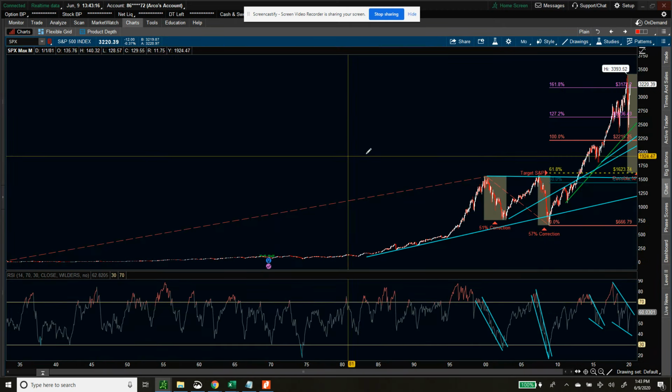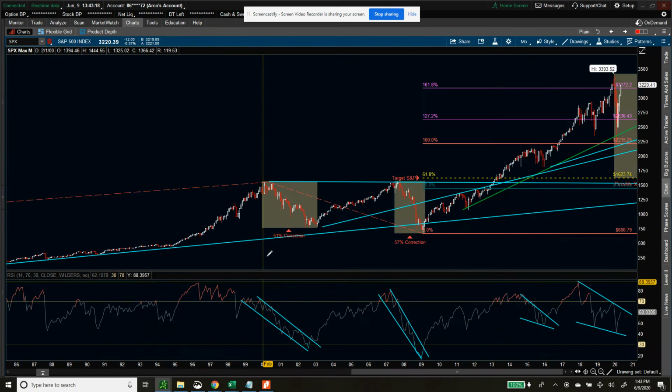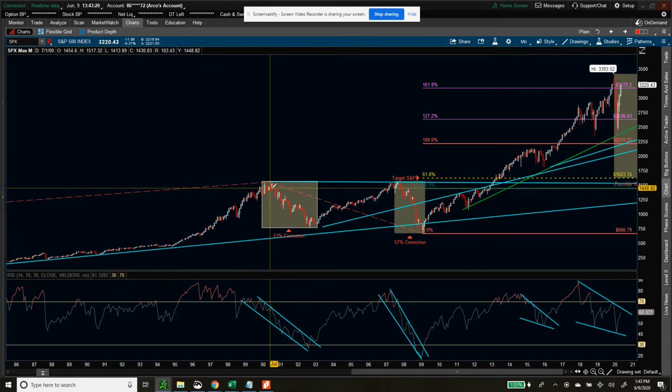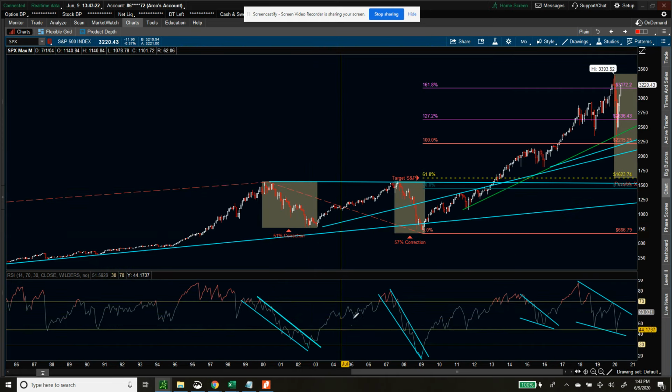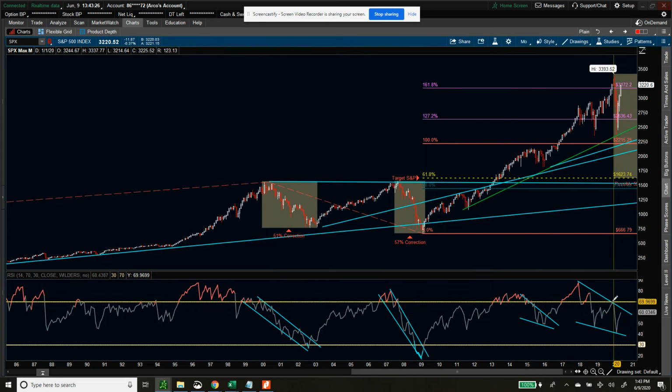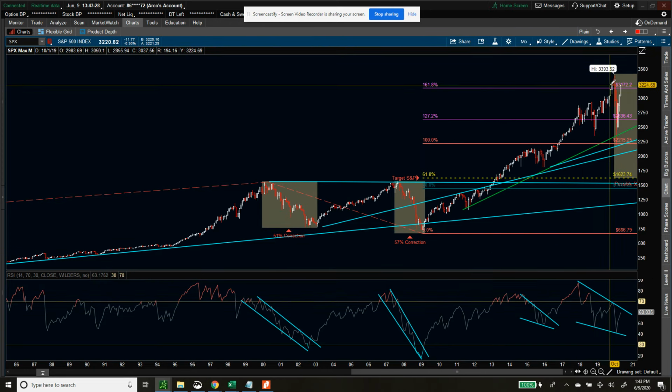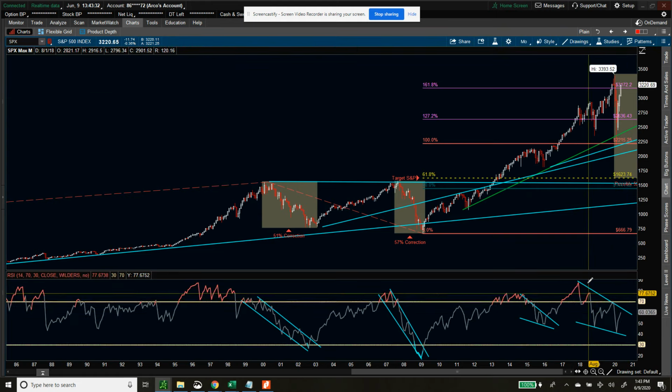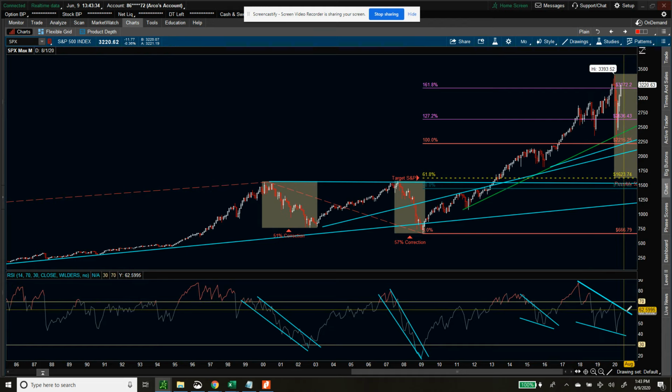All right, even though the market made highs, it came down, came up, came down. Notice that right now we're almost on a downtrend, even though the market is making higher highs. The market today is high, but look at the strength of the market. It has not cracked up.